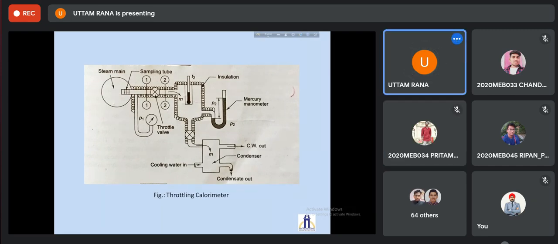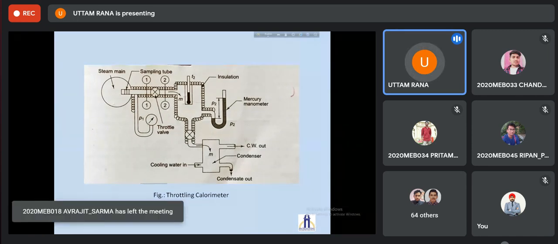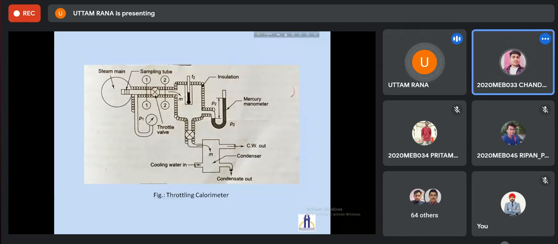Okay, let us see when it will increase or when it will decrease. So one thing is that enthalpy will remain constant, pressure will drop, and because throttling is an irreversible process, what would happen to entropy? Will entropy increase or decrease? Increase. Entropy will increase.